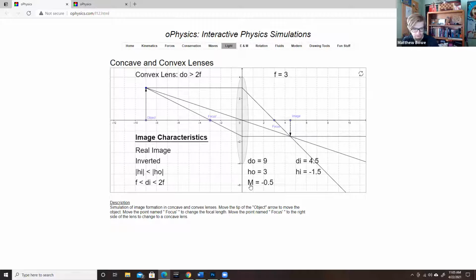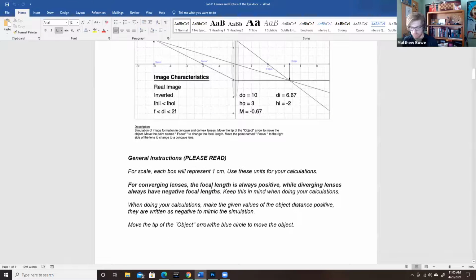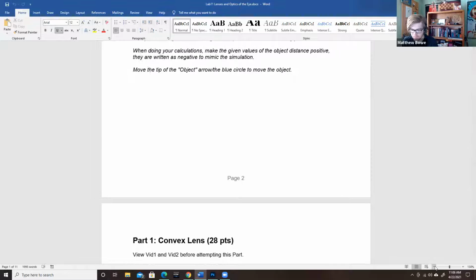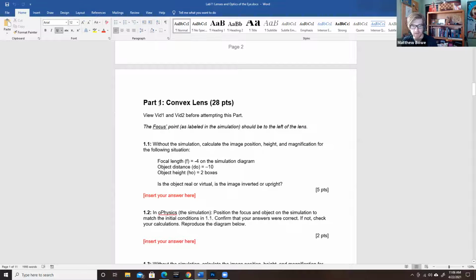Okay, so for the first part, let's go down to the first part. You're going to be looking at a convex lens. Those are the ones that look like ovals or like a football.